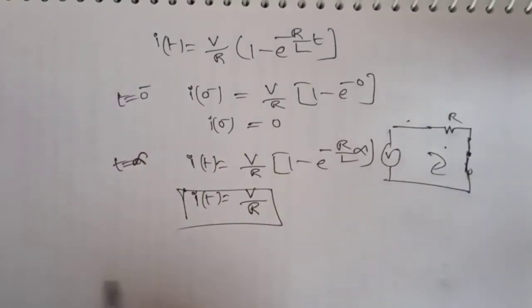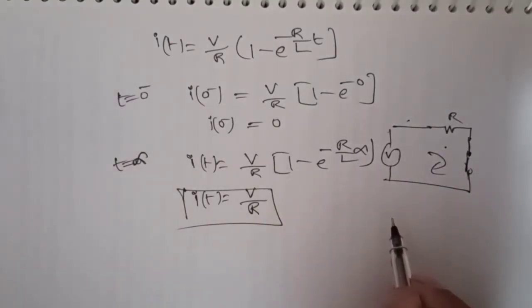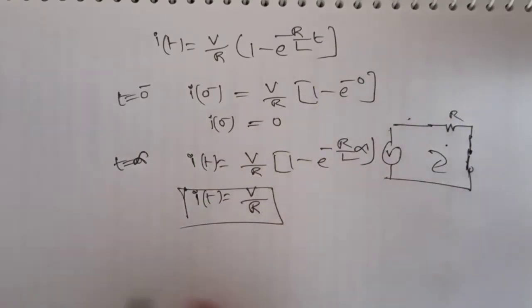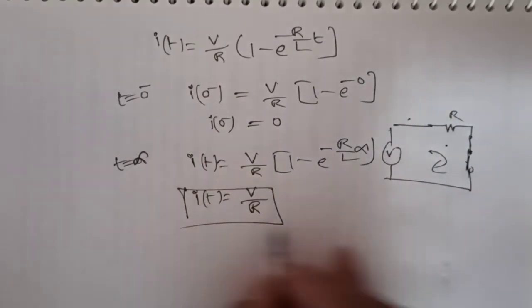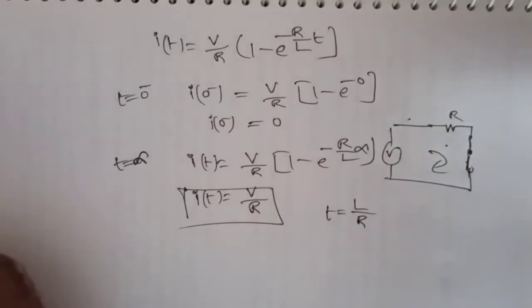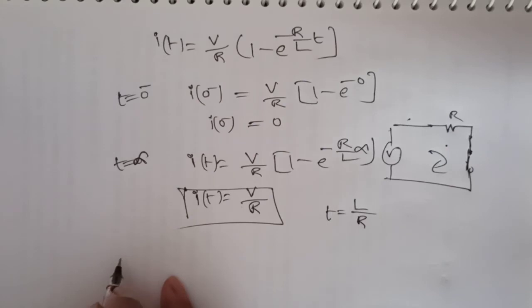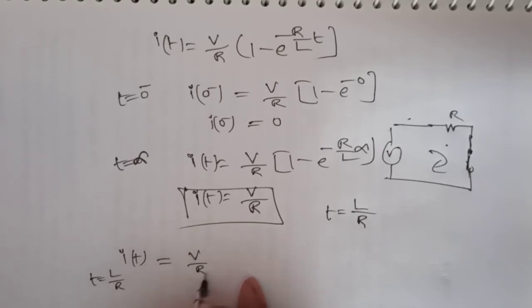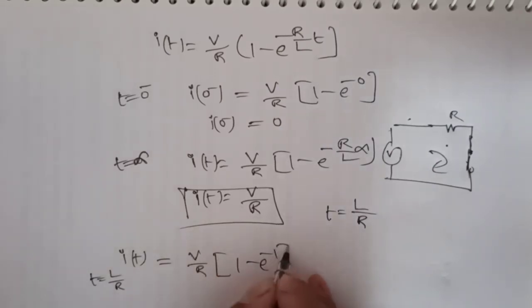Now we got these two conditions. So if you place these two conditions in the graph, and before that, if we take t equal to a certain value, that is L by R, then what will be the mathematical equation? What is the current at t equal to L by R? At t equal to L by R, I of t is equal to V by R into 1 minus e power minus 1.